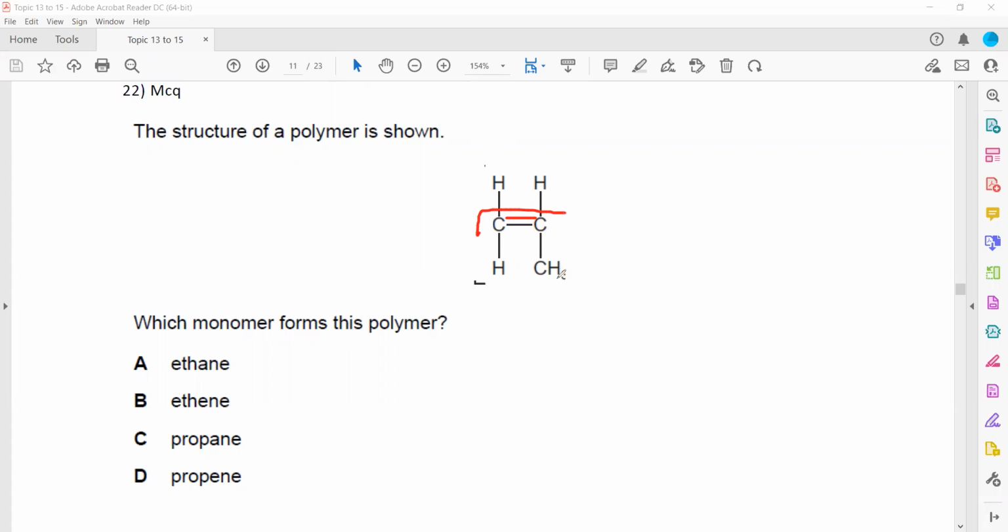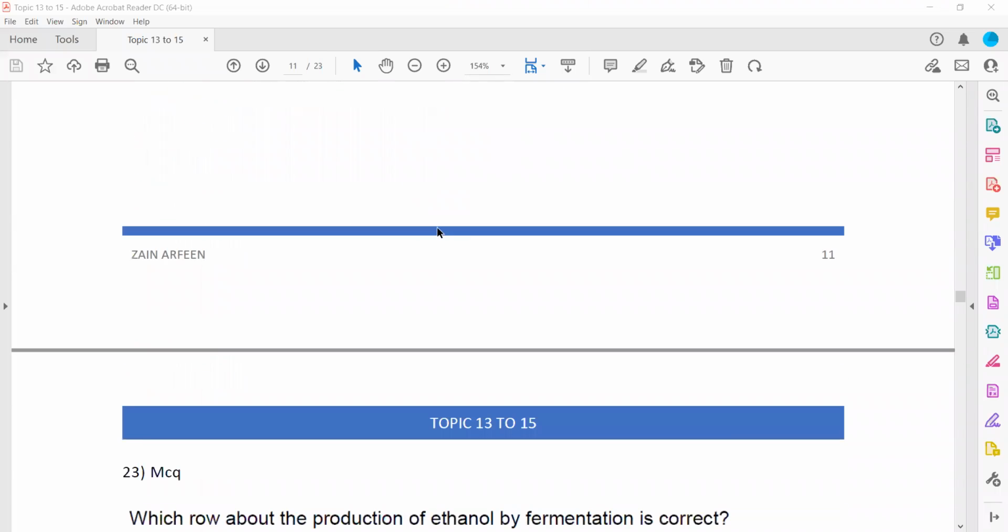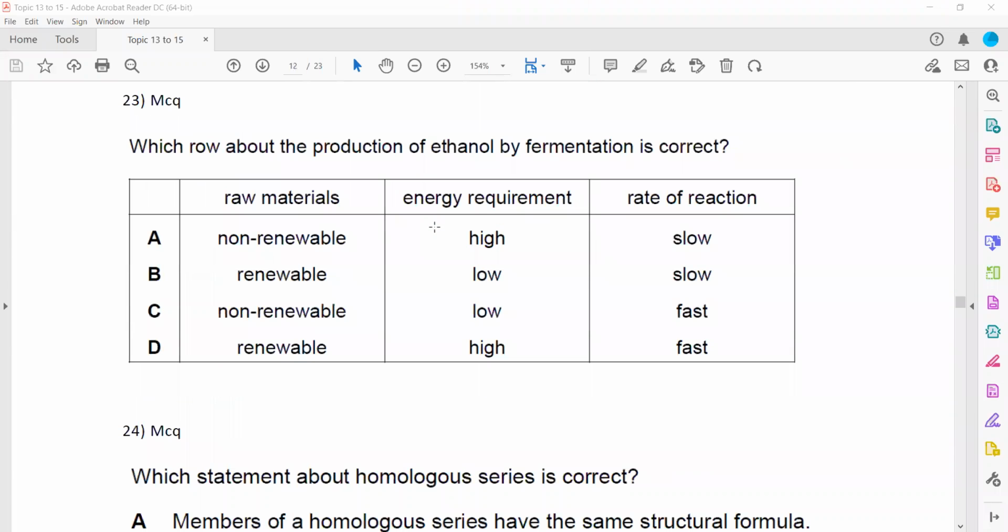Due to 3 carbon atoms, we say prop, and there is a double bond, so we call it ene. So it is propene. D will be the right answer. If there were only 2 carbon atoms, we would call it ethane, or sorry, ethene. But because there are 3 carbon atoms, it is prop, and with a double bond, ene.